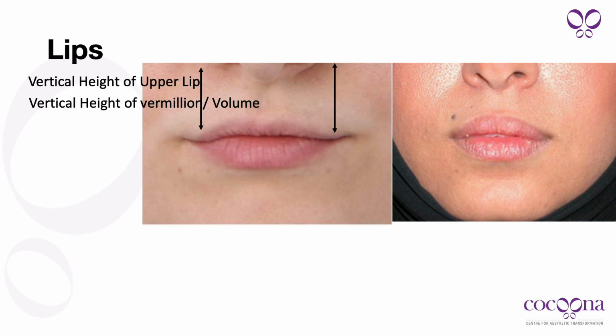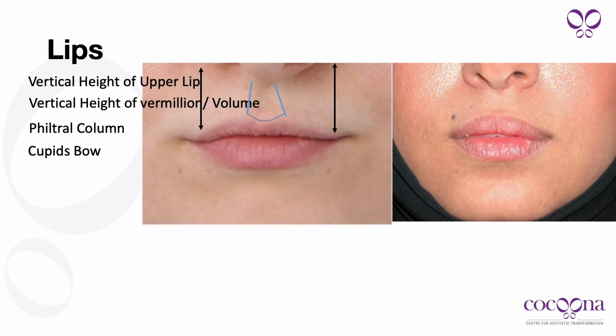Now here, if you try to increase the volume by injecting filler in this part, you will end up having a longer upper lip. So that's why this assessment is very important, and I will show you how to correct this problem. Then you assess the philtral column, how narrow or wide it is, and what is the shape of the philtral cusp or sulcus.